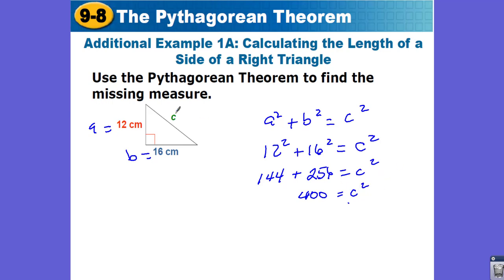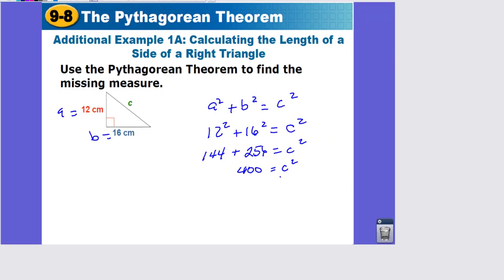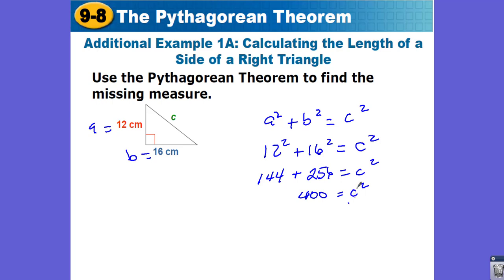Now, I don't want to know c squared, I want to know c. We know based on our calculator that the opposite of squared is square root. So to turn c squared into just a c, I take the square root of it. If I take the square root of one side, I'm going to take the square root of the other as well. So the square root of c squared is equal to c.